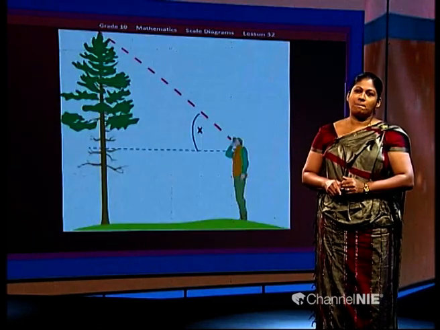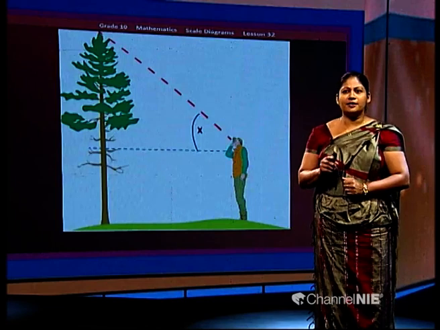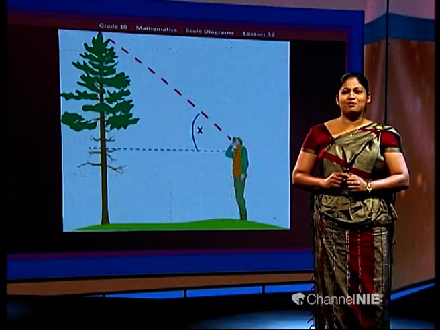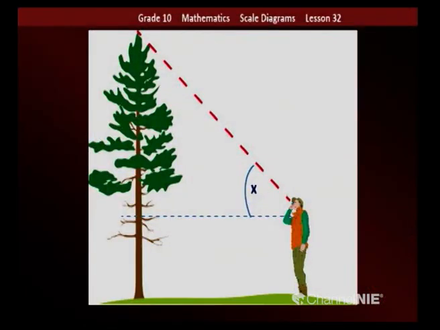Okay. Now here, if I am asking what is x here, what is the angle x? Now you know because you have learned it. X is the angle of elevation.